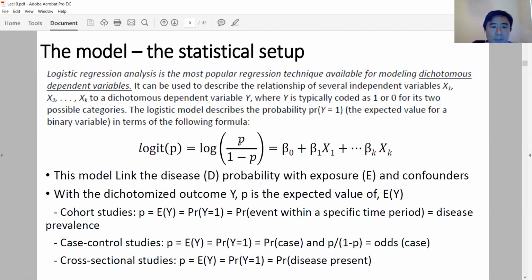So if we interpret the p, the expectation of y, as the risk of the disease, the risk over 1 minus the risk is the same as the risk over the probability of not having the disease, which is defined as odds in both statistics and epidemiology. So you can see the same definition.